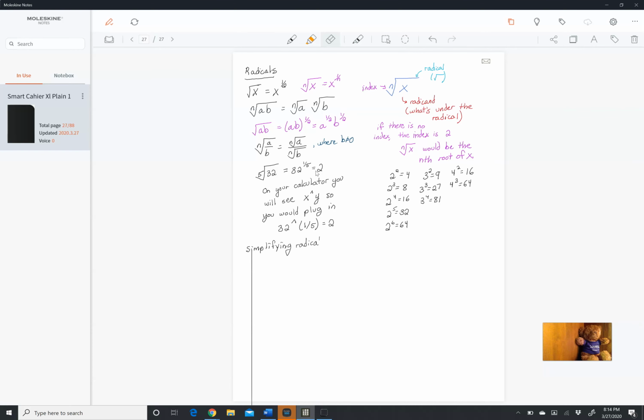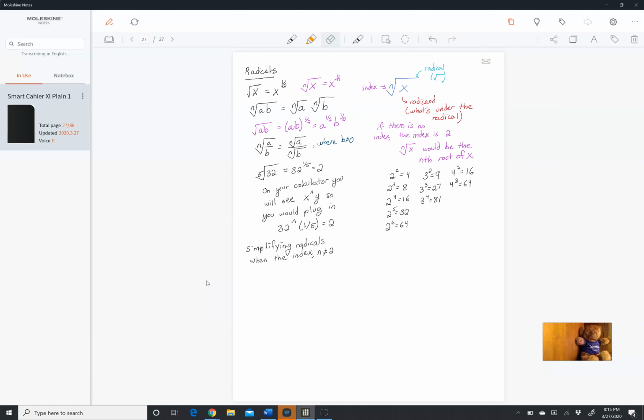So, simplifying radicals when the index, remember our index is n, is not equal to 2.